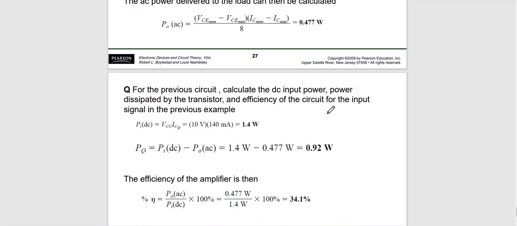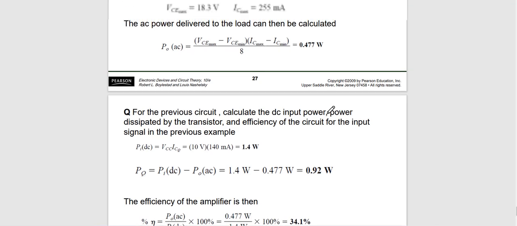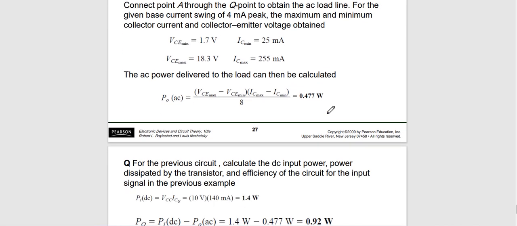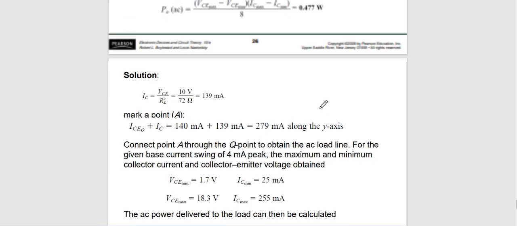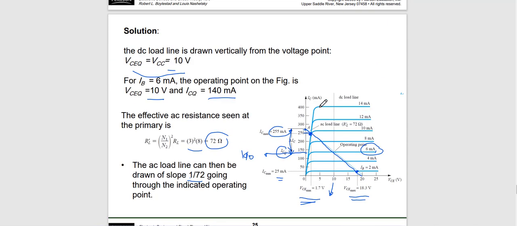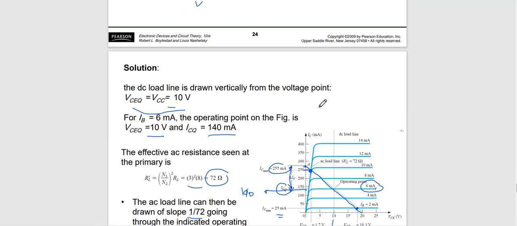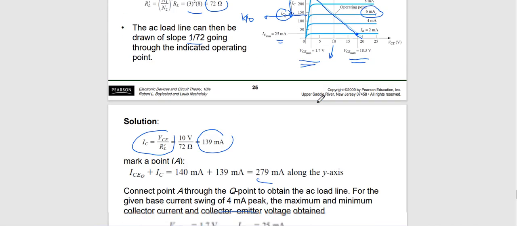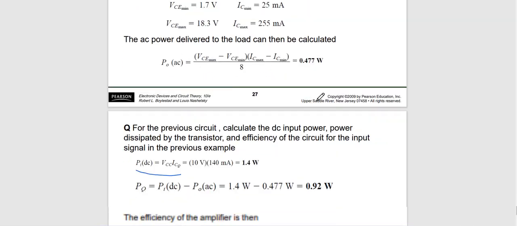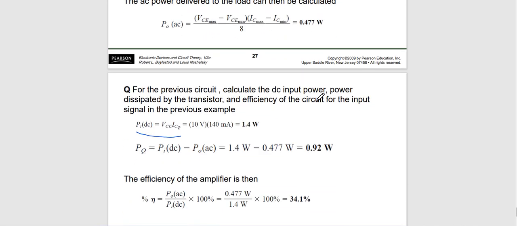And then we can calculate the efficiency. The first one, we have the input DC power, which is VCC times ICQ. The VCC is 10 volt over there, and ICQ is 140 milliampere DC. So we can calculate the PIDC is 1.4 watts.